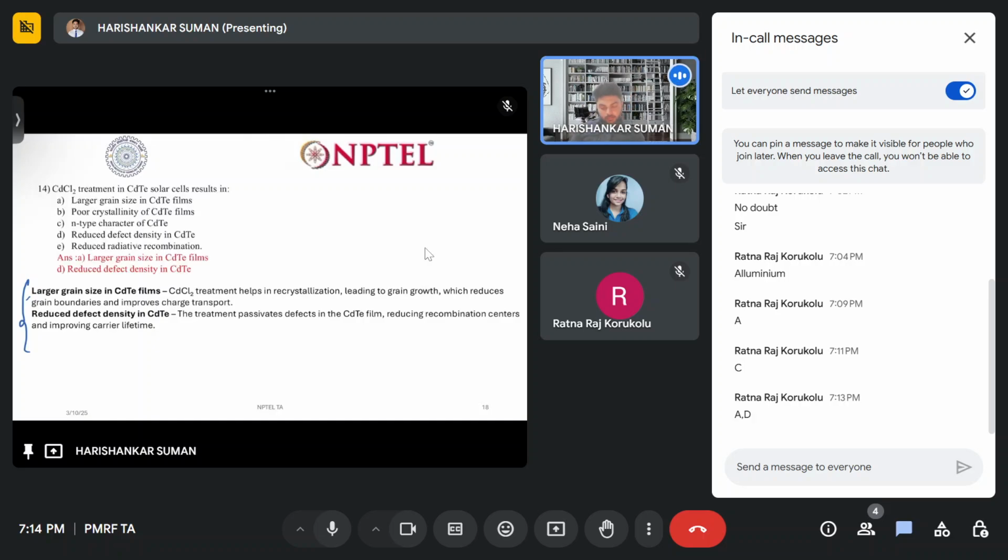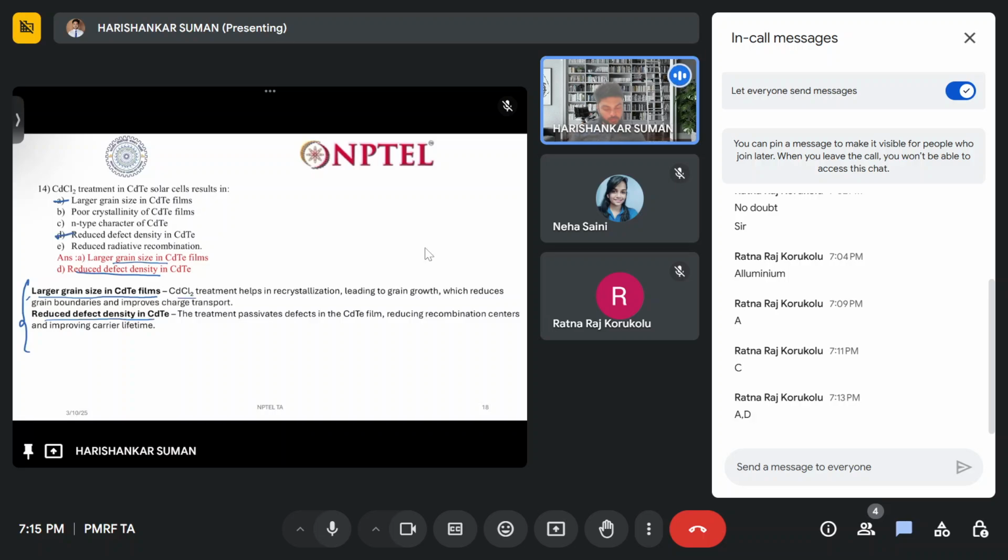So cadmium chloride is used to get larger grain size in the cadmium telluride film and reduce defect density. So larger grain size and reduced defect density.